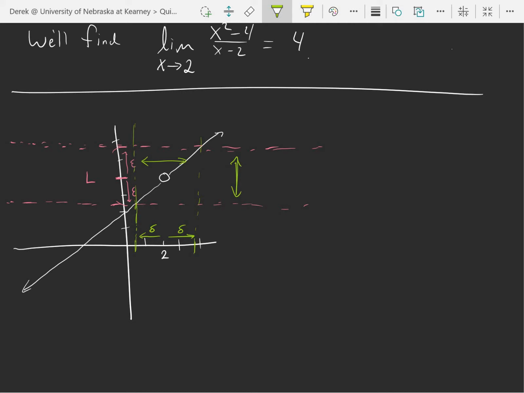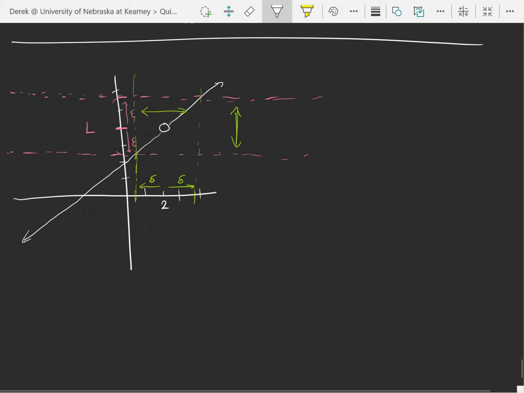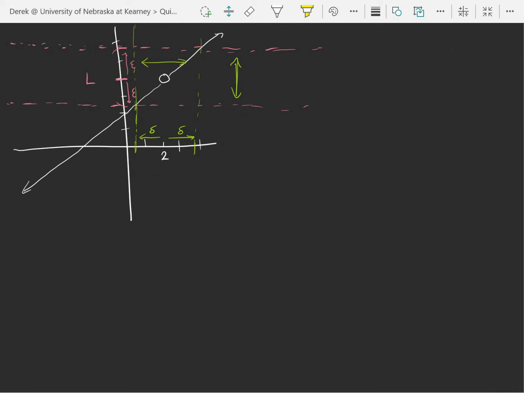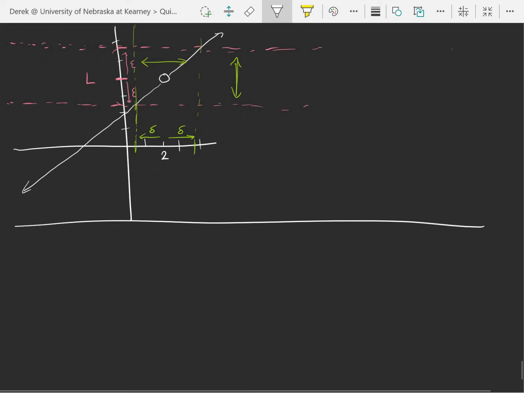So now let's take an arbitrary epsilon and see in terms of that epsilon what delta is going to have to be, and that's going to be how we're going to prove that this limit's going to be 4, right? So let epsilon be bigger than 0. Then, well, our slope here is 1.